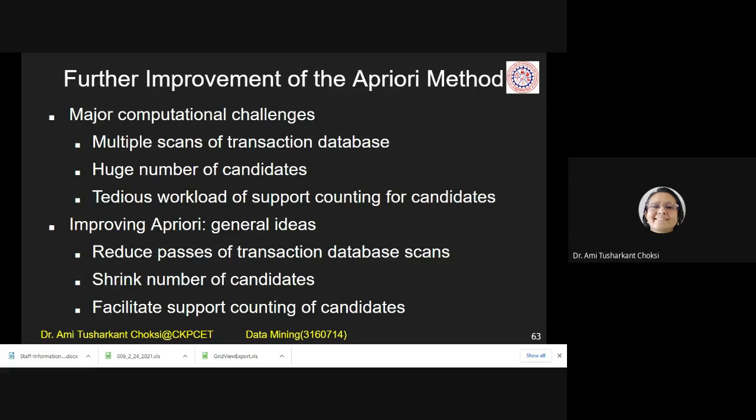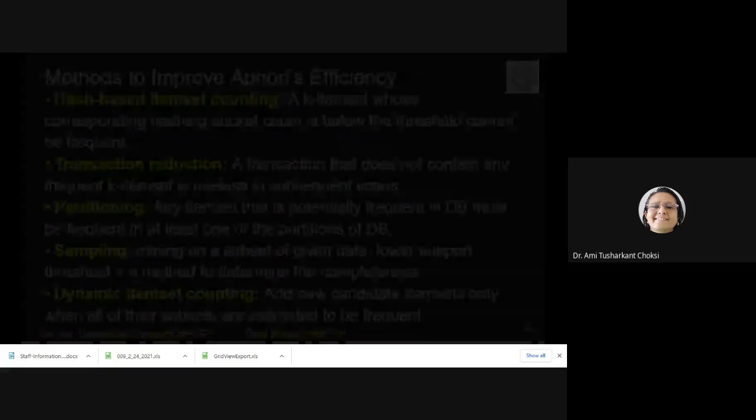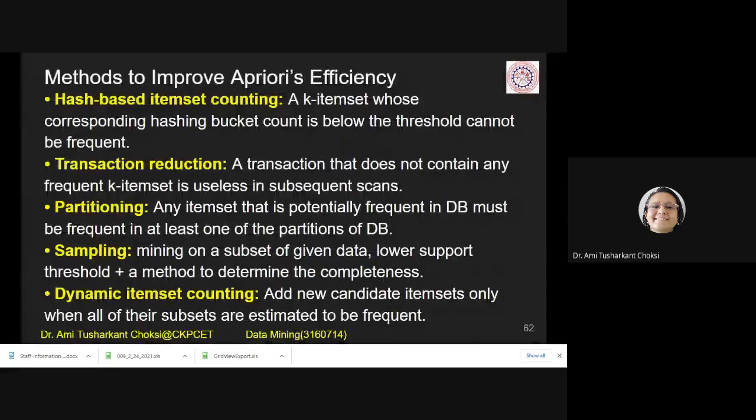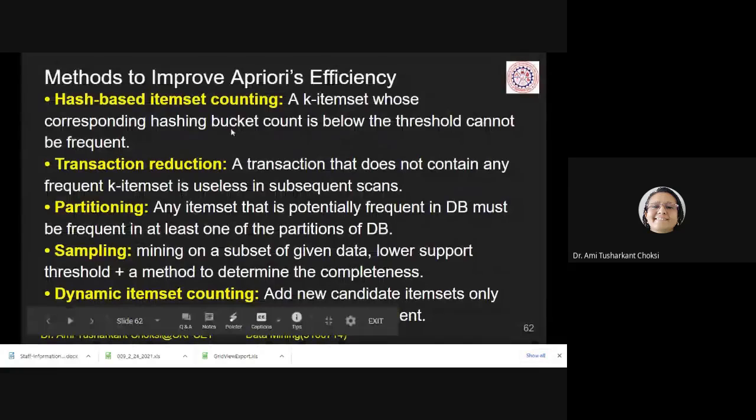Third, facilitate support counting of candidates, right? If we can count the support for candidates using an easier method. Easier method, does that mean easy to implement? No. The time complexity of that support counting should be reduced, right? So these are the general ways, and we have seen the algorithms by which we can improve the Apriori algorithm's efficiency. Fine.